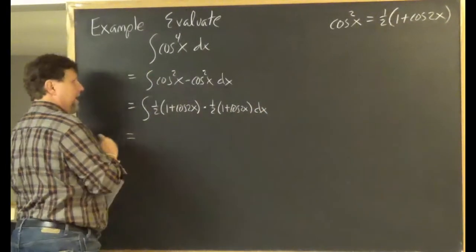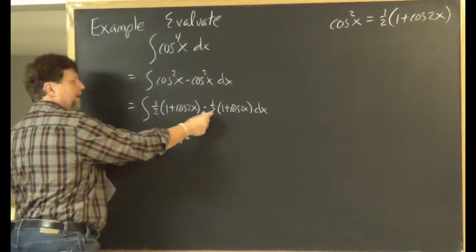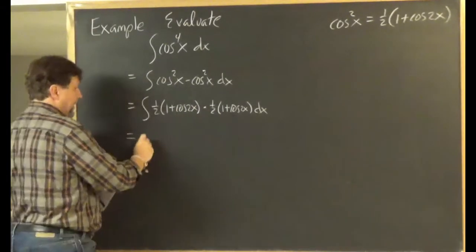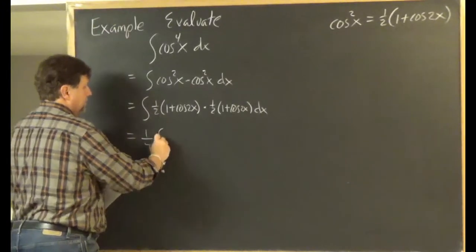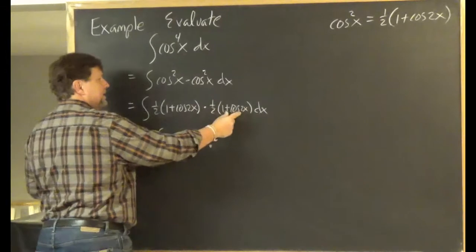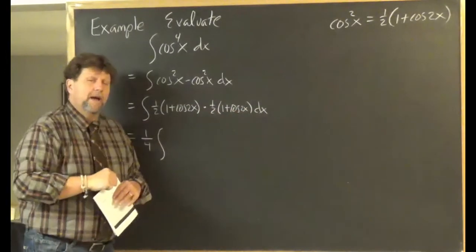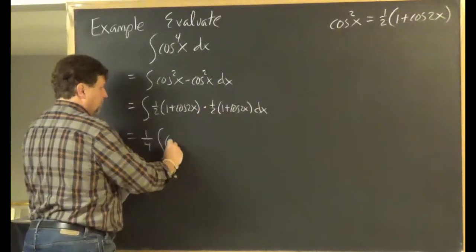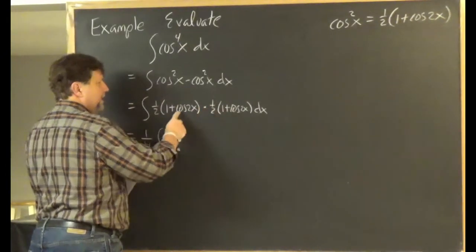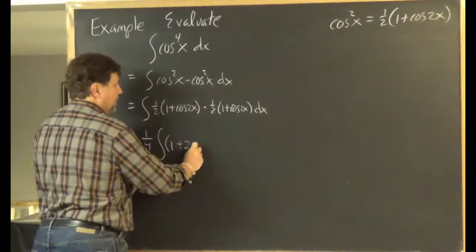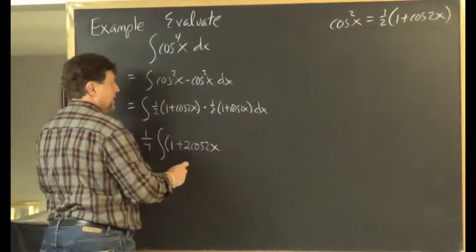Next, 1/2 times 1/2 is 1/4. That's a constant, so I'm going to pull it out front of the integral sign. Now I'm going to do 1 plus cosine 2x times 1 plus cosine 2x, and FOIL that out. 1 times 1 is 1. Cosine 2x plus cosine 2x gives me 2 cosine 2x.